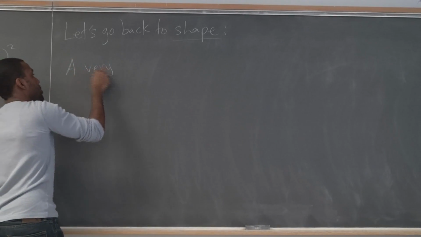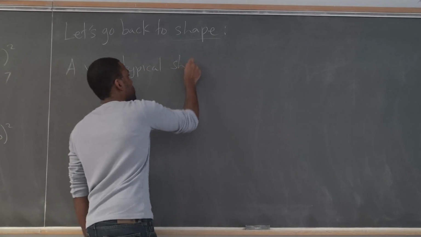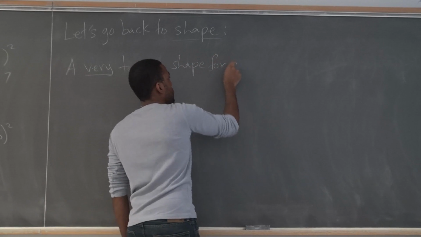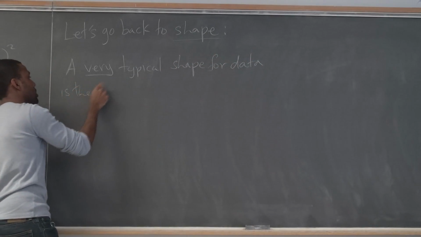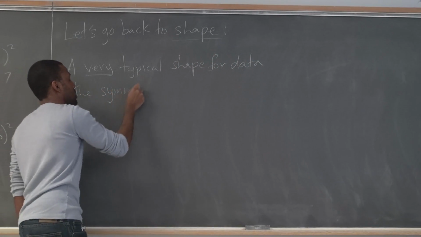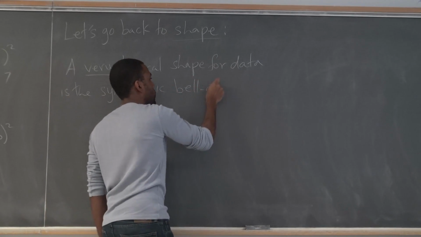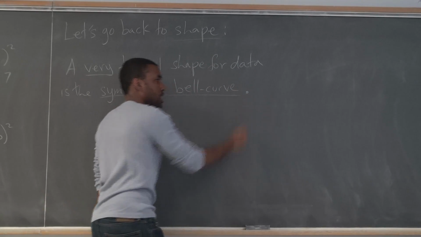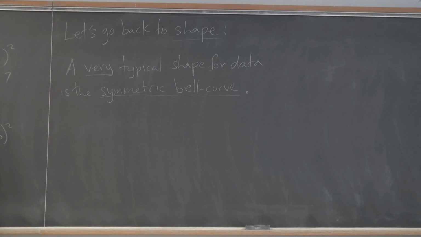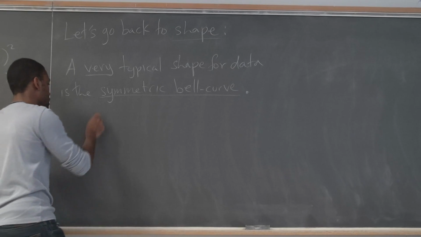It turns out that a very typical shape is the symmetric bell curve. It just so turns out that a lot of the things we want to study, when we try to graph them and try to describe the shape of the graph, this is the shape we'll end up with.